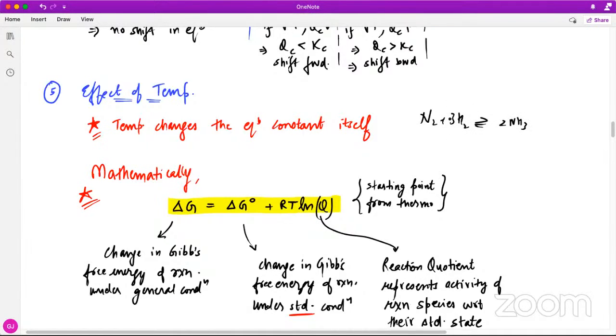What would be the standard condition for this reaction? Pressure 1 bar, partial pressure 1 bar. Reaction species are at 1 bar, gaseous species, है ना? General condition would be P1 bar, P2 bar, P3 bar, right?